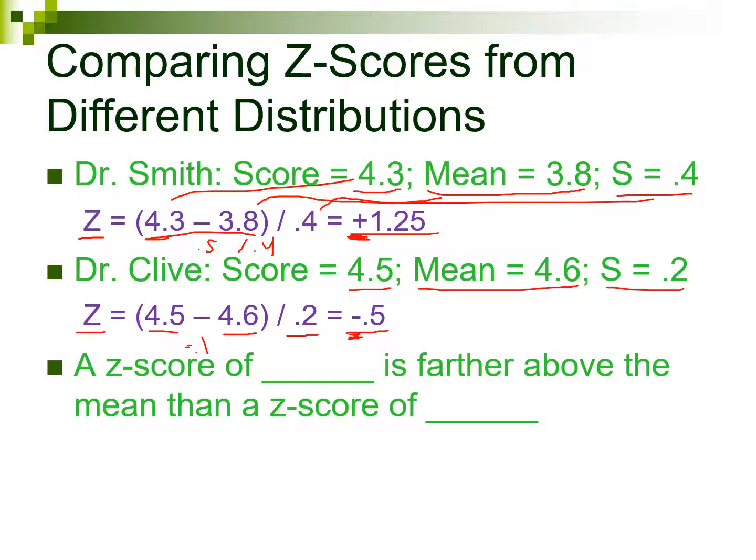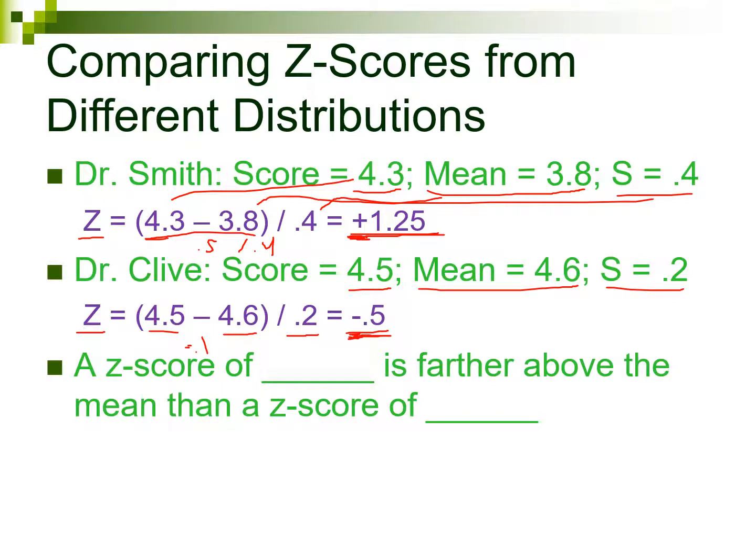Not a great start. Additionally, this z-score of 1.25 has a bigger absolute value than this z-score of 0.5 for its absolute value. So what this is telling us is that 1.25 is far above the mean of its distribution, whereas this z-score here is slightly below the mean of its distribution.